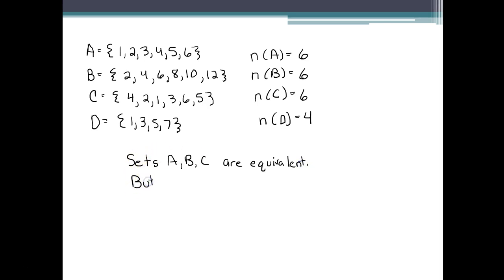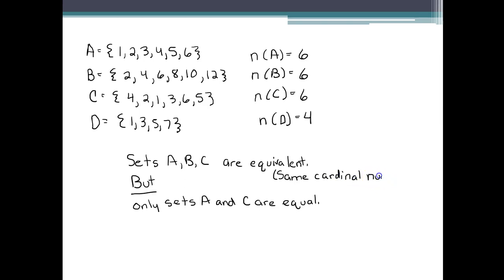But only sets A and C are equal. So equivalent, they just have to have the same cardinal number, have the same number of items, but don't necessarily have to have the same items. Now they can, but it's not necessary as long as they have the same number of items.